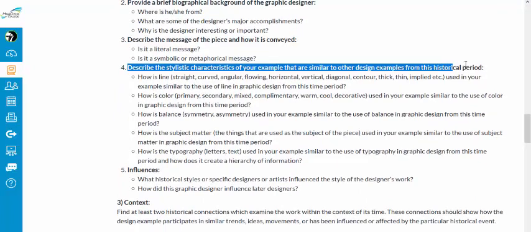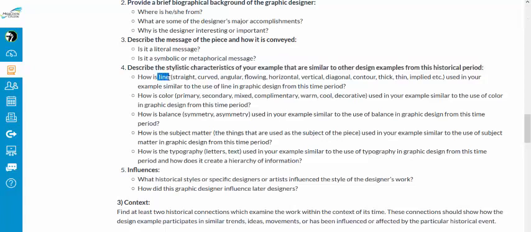And then you're going to describe the stylistic characteristics of your example that are similar to other examples. You're going to find similarities in your example to other design examples from this time period. You may want to include some stylistic influences in your example of graphic design.